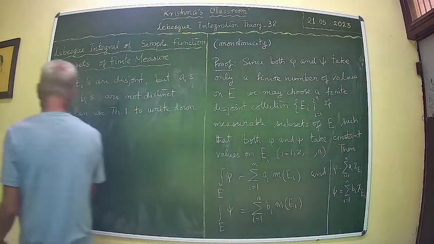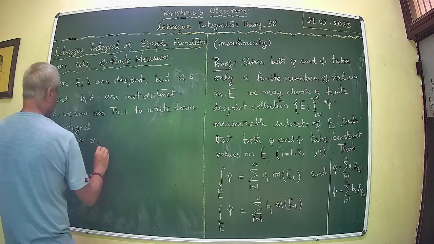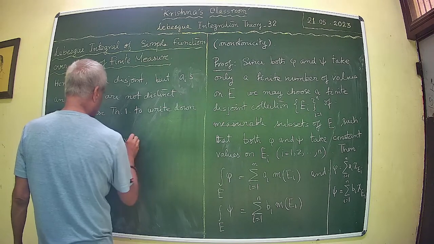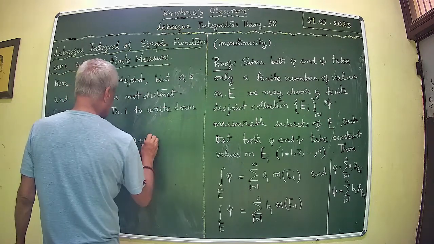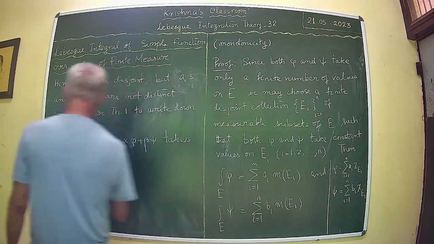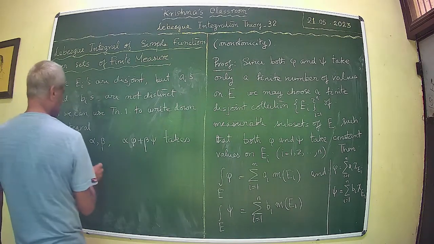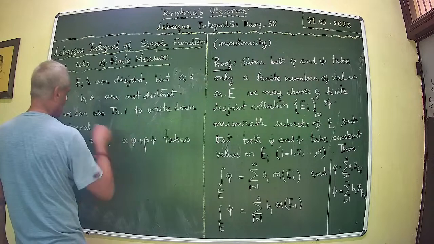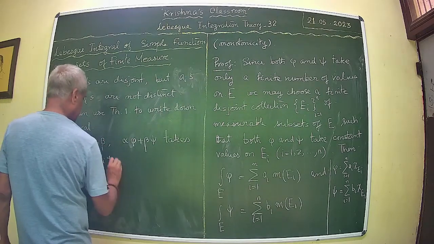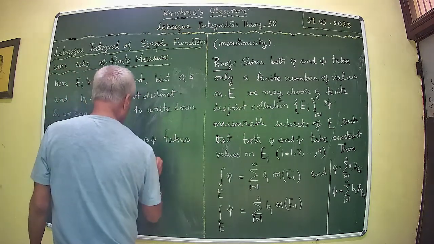Now for alpha, beta, alpha phi plus beta psi takes the value alpha a_i plus beta b_i on E_i.